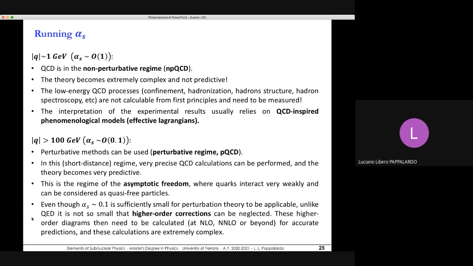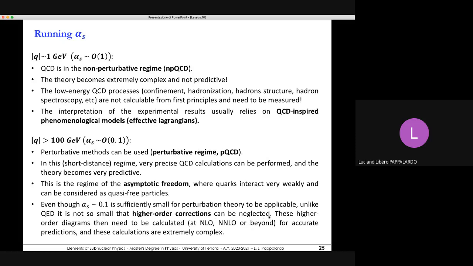However, one has to be careful here, because although a value of alpha strong of the order of 0.1 is sufficiently small to allow for perturbative methods, it is not as small as the QED coupling constant, which is 1 divided by 137. So in the case of QCD, although you can still use perturbative methods in this regime, one has to take into account higher order corrections, which cannot be neglected as in the case of QED.